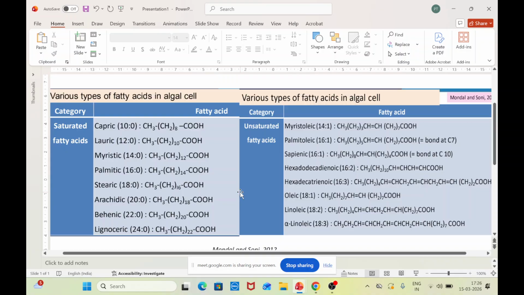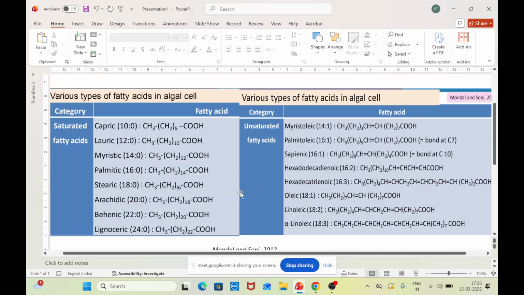So if you see from this table, you have different types of fatty acids, and they are categorized as saturated fatty acids and unsaturated fatty acids. In the case of saturated fatty acids, you have examples like capric, lauric, myristic, palmitic, stearic, arachidic, behenic, and lignoceric.